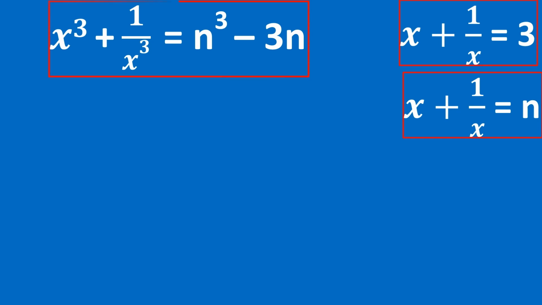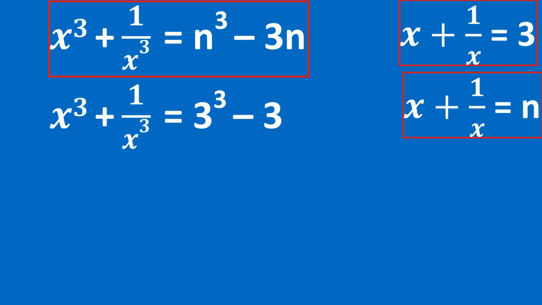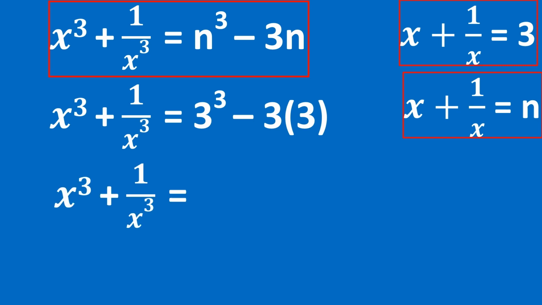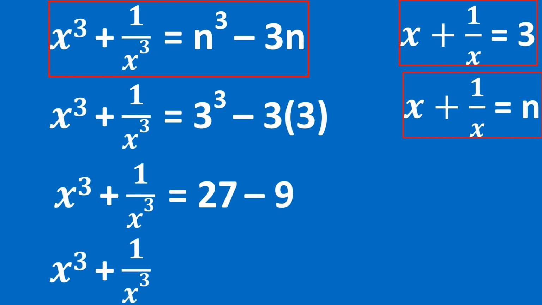So now that we know our value of n, we can simply substitute it into the expression, and that gives us 3 raised to power 3 minus 3 times 3, which is x raised to power 3 plus 1 over x raised to power 3, and that is equal to 27 minus 9. When we simplify that further, we have 27 minus 9 giving us 18. So that is what we have established for x raised to the power 3 plus 1 over x raised to the power 3. It is equal to 18.